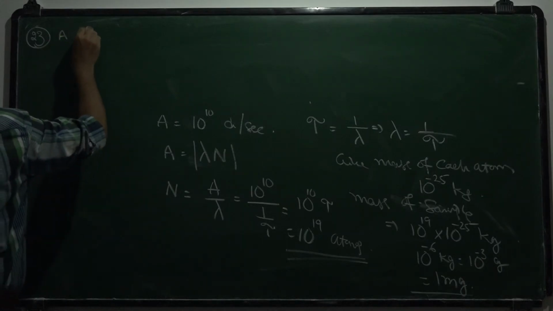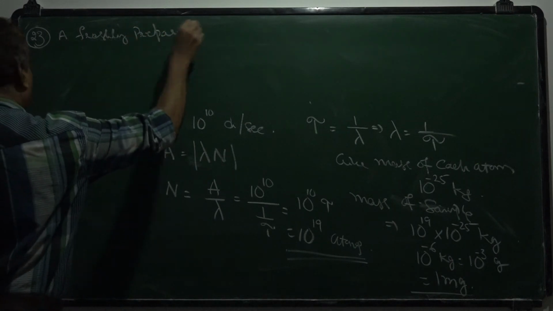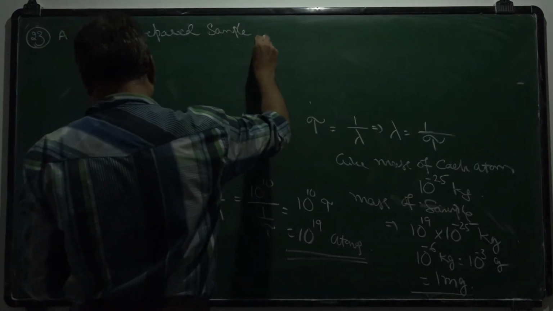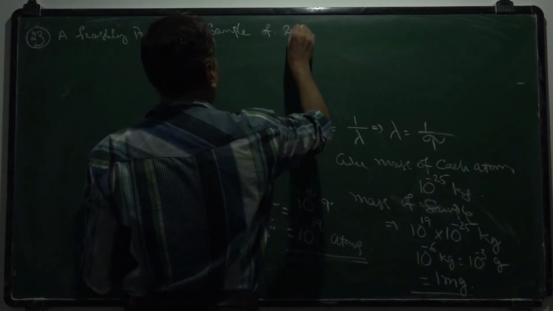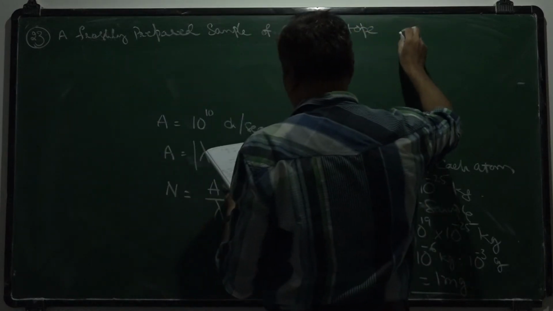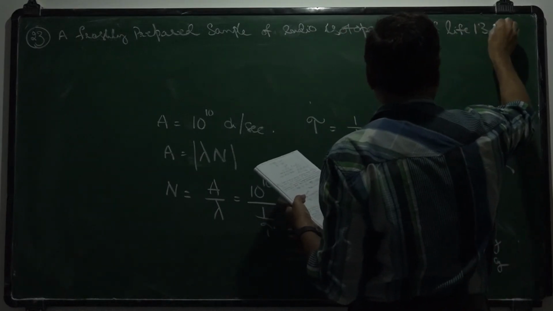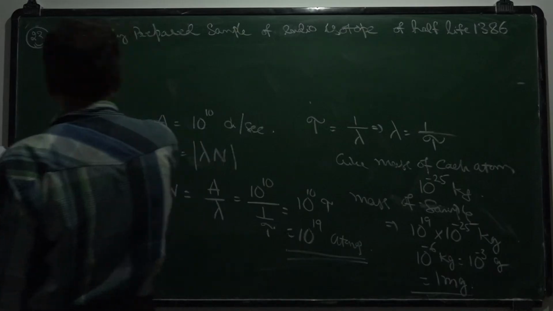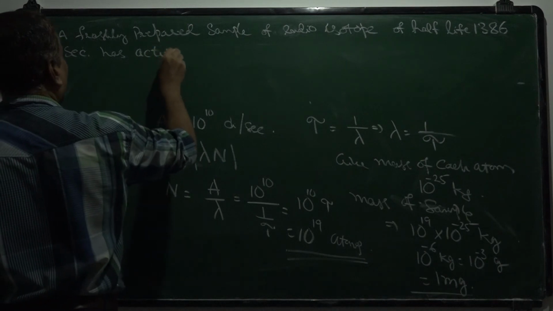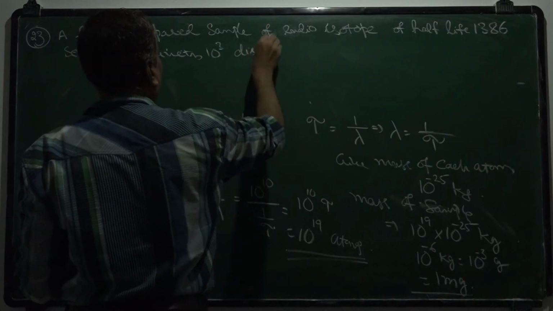Okay, next one. A freshly prepared sample of radioisotope of half-life 1386 second has activity 10 to the power 10 disintegrations per second.